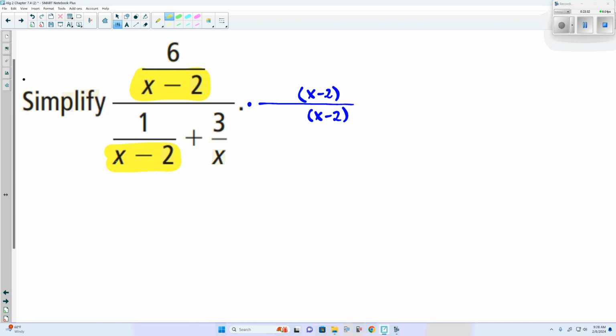Because the only time we would need more than one x minus 2 is if it shows up in one of the denominators twice or 3 times. So that x minus 2 is taking care of most of it. And we also need an x on top and bottom to simplify with this x.